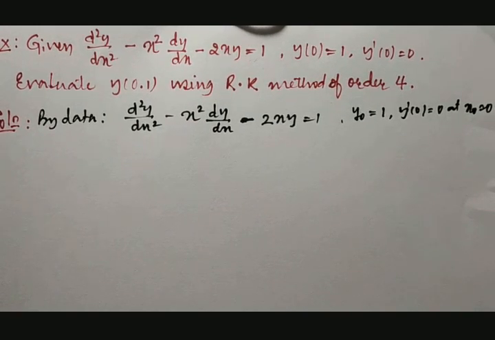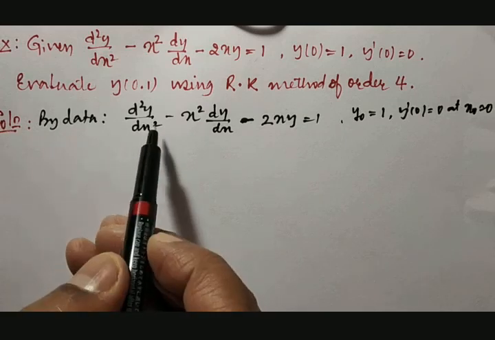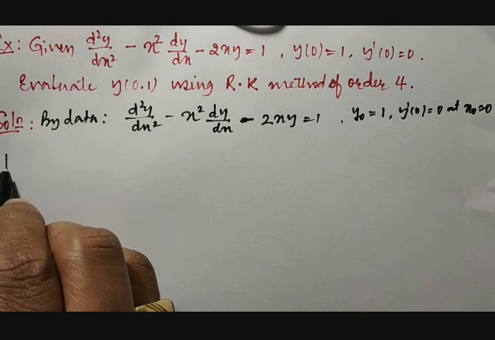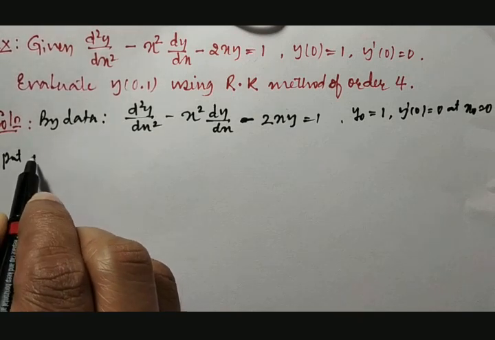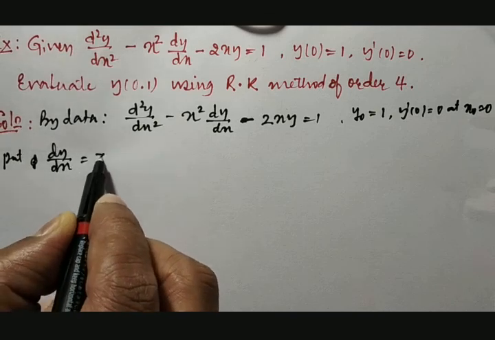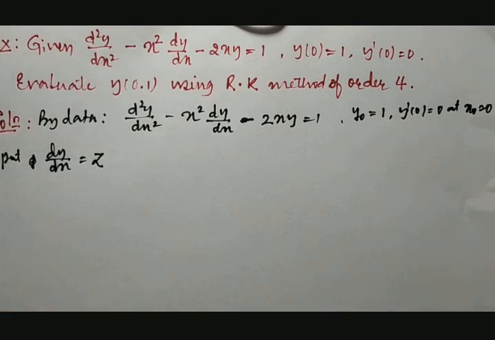Fine. Therefore, very first, to convert the second order differential equation into first order simultaneous equations, what we need to do? We need to put dy/dx = z. Okay.